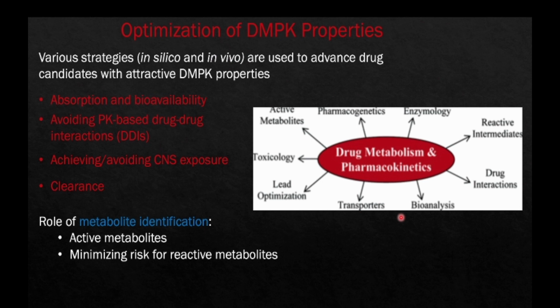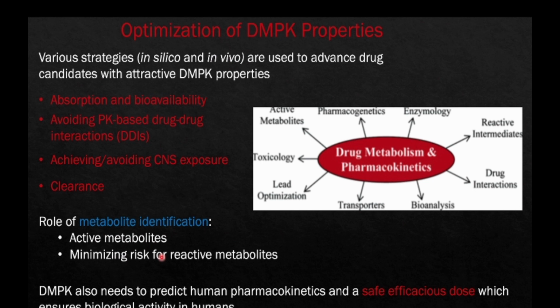The role of metabolite identification is, for example, the active metabolites and minimizing the risk for reactive metabolites. DMPK also needs to predict human pharmacokinetics and a safe efficacious dose which ensures biological activity in humans.